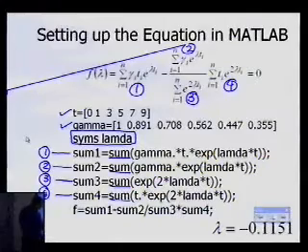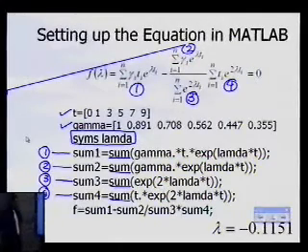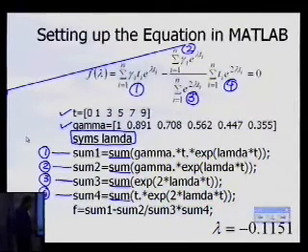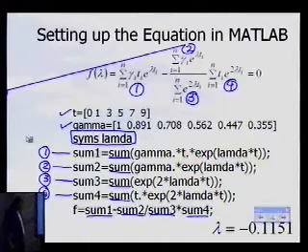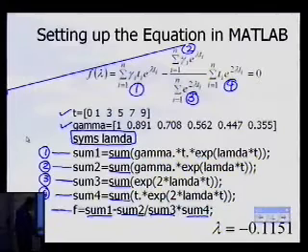You could very well do these summations in a loop, in a do loop, but in order to conserve some space here and also utilize MATLAB's capabilities, I just use the sum command to calculate the 4 summations. And then the function f sub lambda is nothing but sum 1 minus sum 2 divided by sum 3 times sum 4.